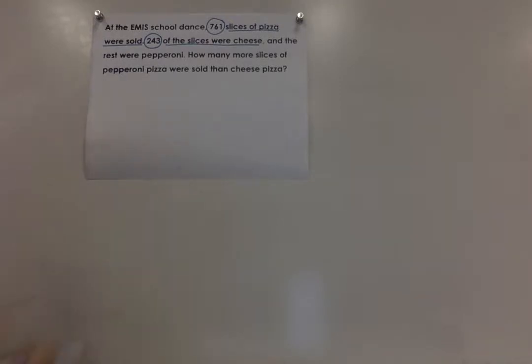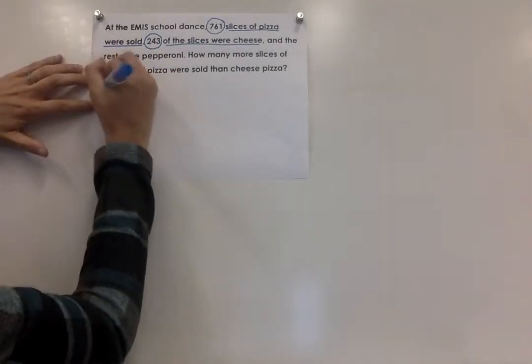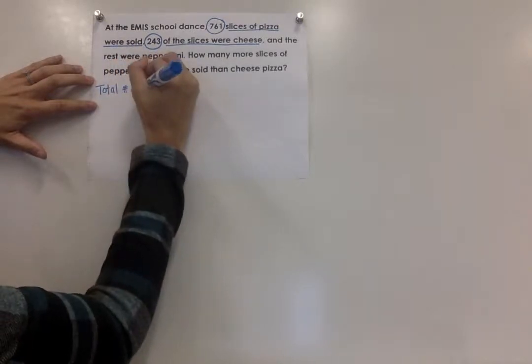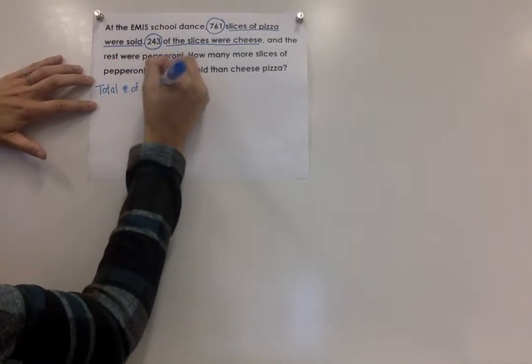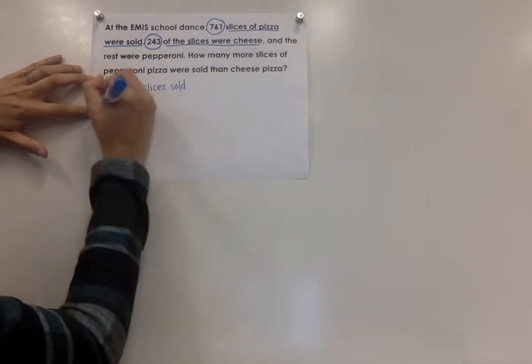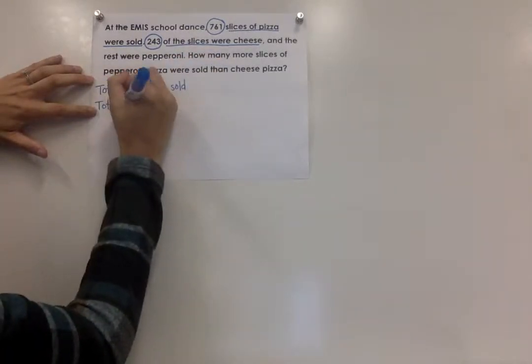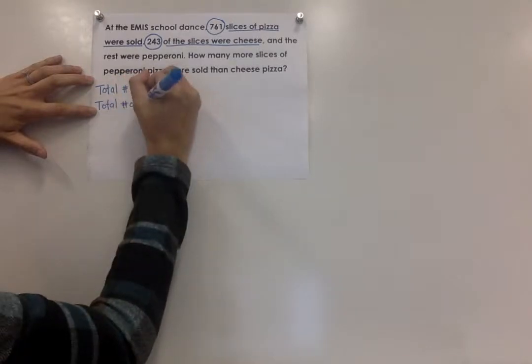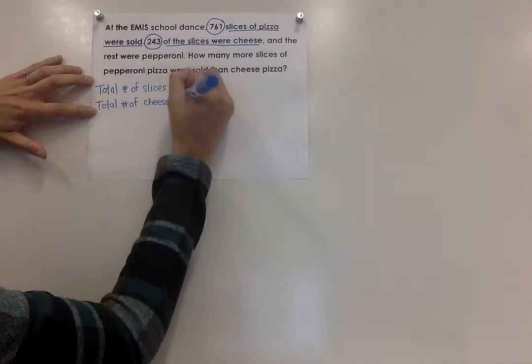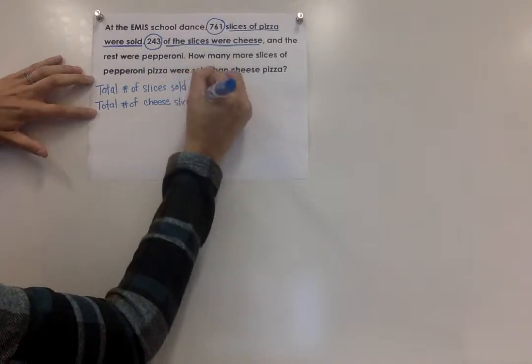So let's think about this. We have the total number of slices sold, and we have the total number of cheese slices sold.